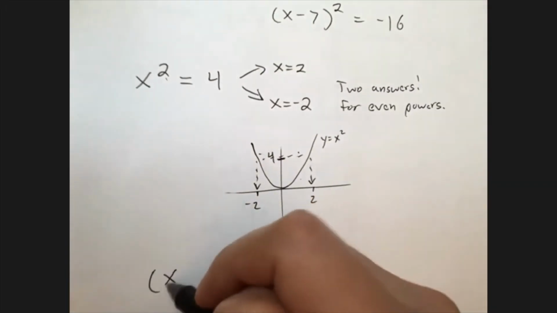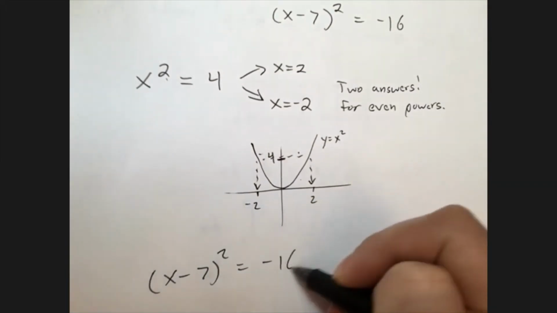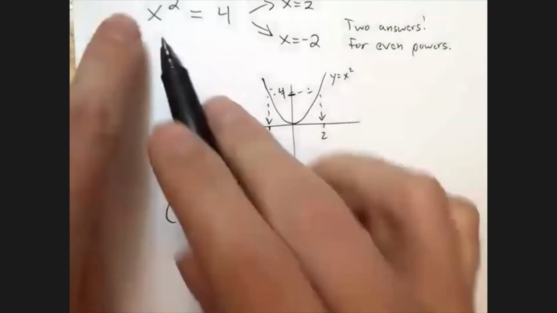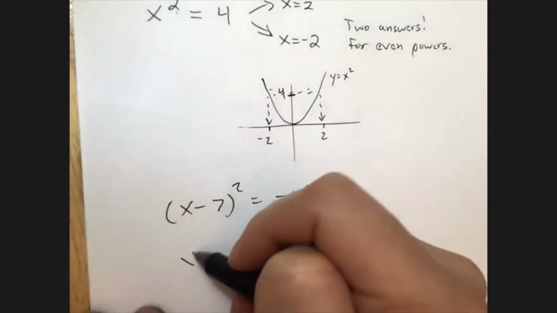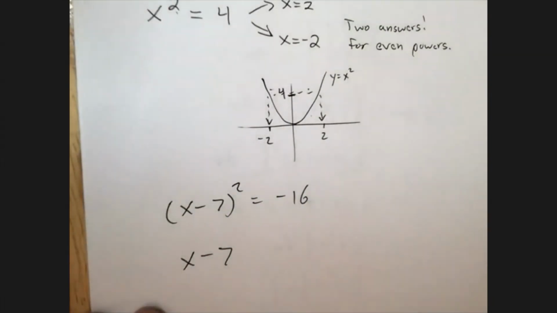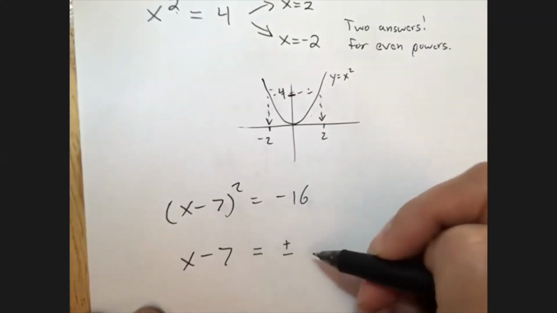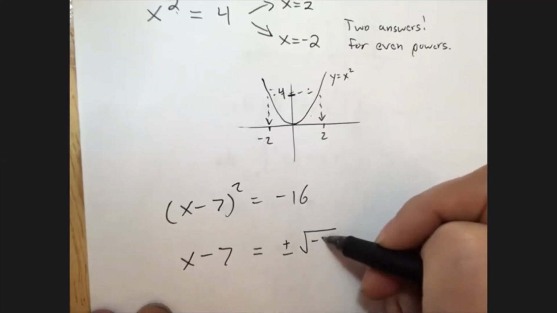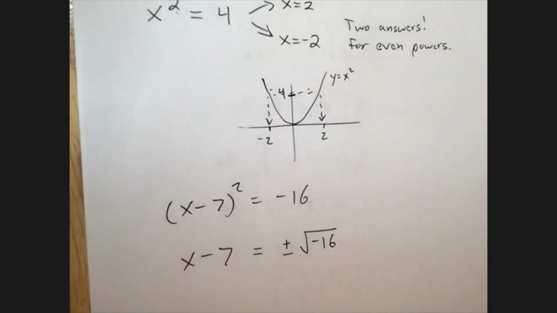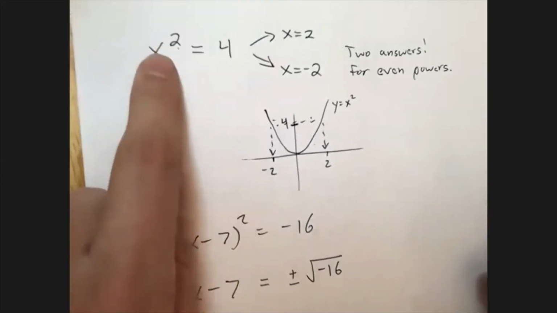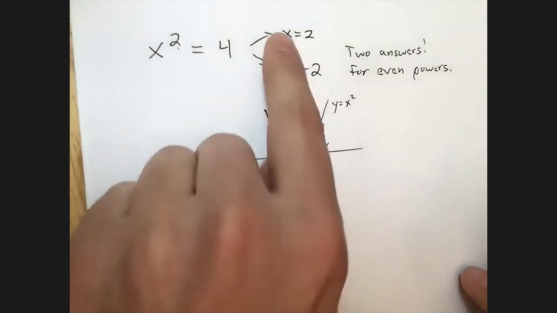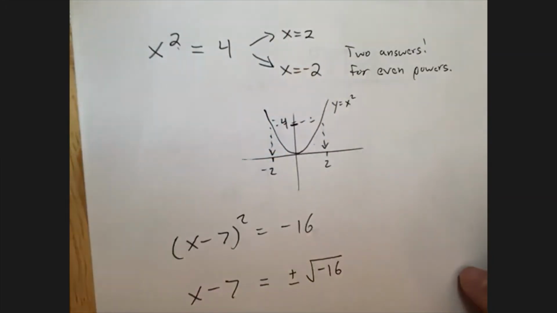Where were we? x minus 7 squared equals negative 16. So if I have something squared equals a number, that means that that thing that I was squaring, in this case x minus 7, is going to equal plus or minus the square root of that number. Okay, that's exactly what we did up here. If x squared equals 4, x equals plus or minus the square root of 4.